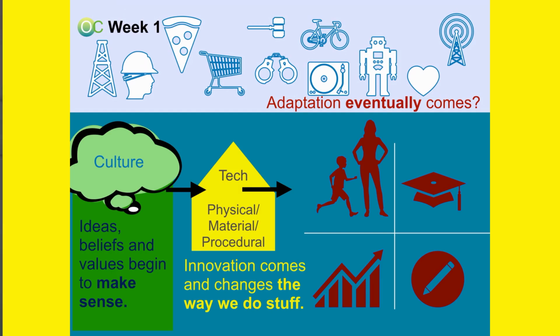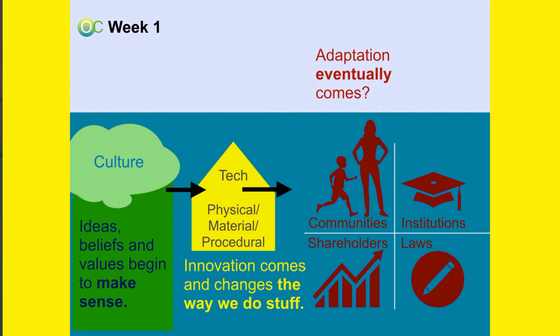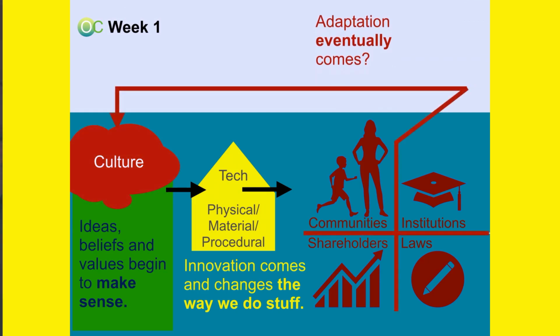Well, we have the people icon, the mortar board, a graph showing growth, and a pencil. So what are these? These are the communities that we live in, the institutions that we participate in. The shareholders are the ones profiting from the new technologies, and the regulations and law which regulate the way we use these technologies.